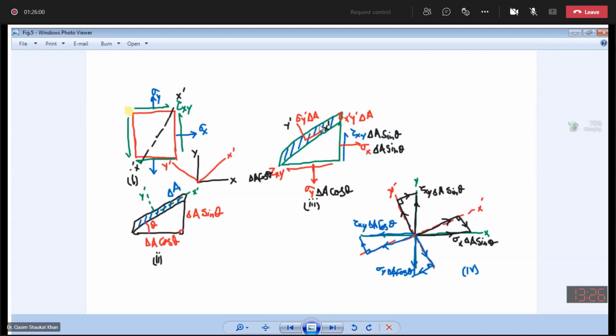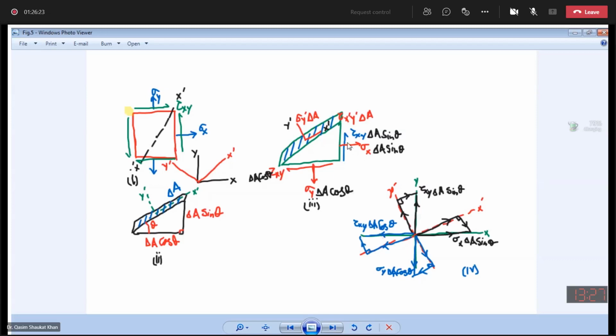These two forces, tau x dash y dash delta A about the x dash axis and sigma y dash delta A about the y dash axis, are already oriented along the x dash and y dash axes. So we do not need to resolve these two forces into their components. So let's start the force resolution.